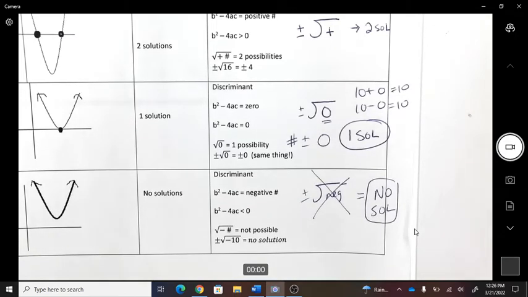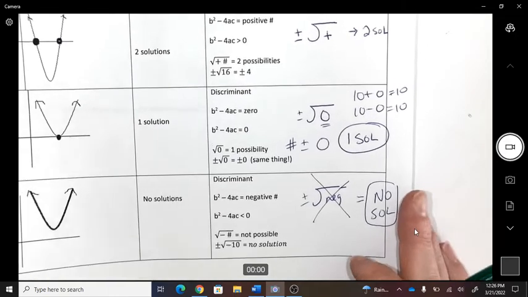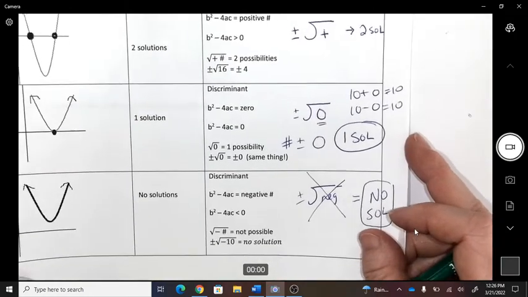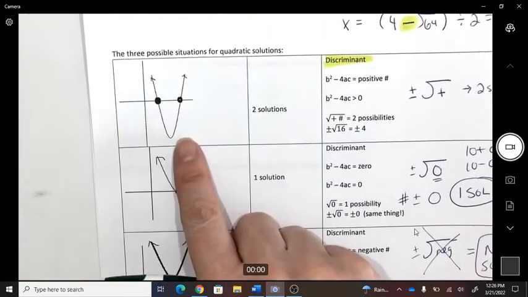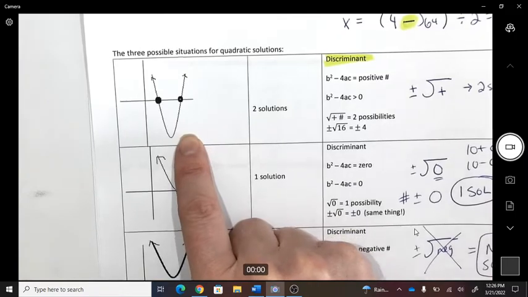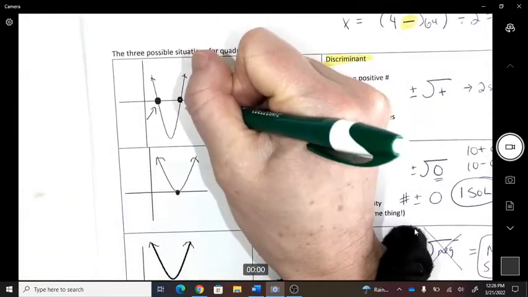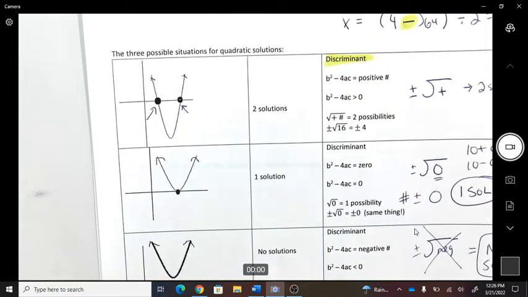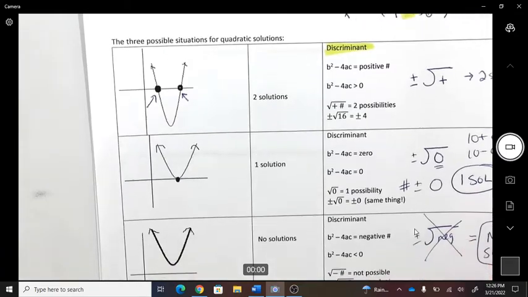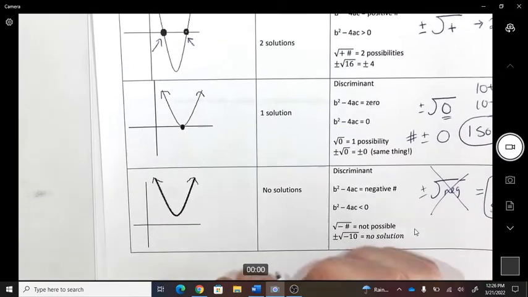What does a quadratic, which is a parabola graph, look like if it has two solutions? It has two x-intercepts. What does a parabola look like if it has one x-intercept?